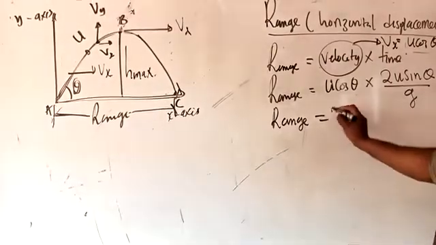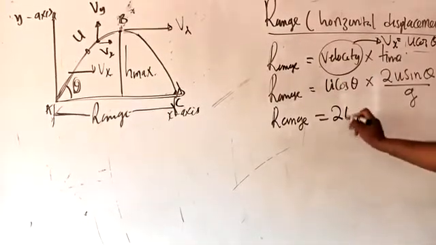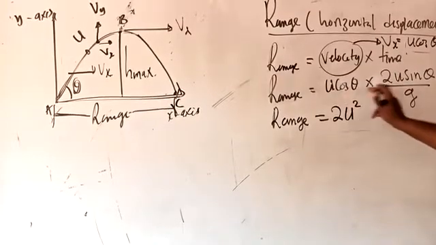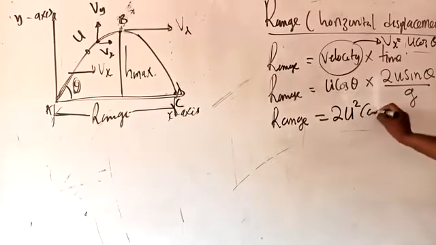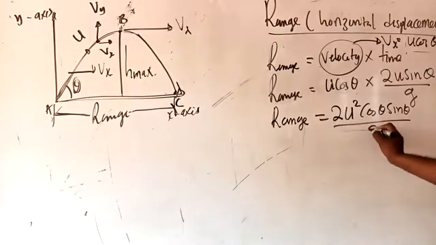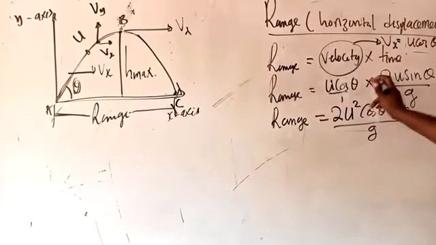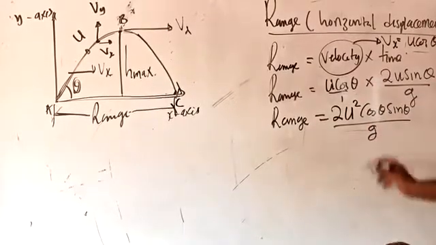I'll have this 2, this u multiplied by this u would be u squared. This and this will simply be cos theta and sin theta, and this over g. If I give this a denominator of 1, so 1 multiplied by g, I will have g.